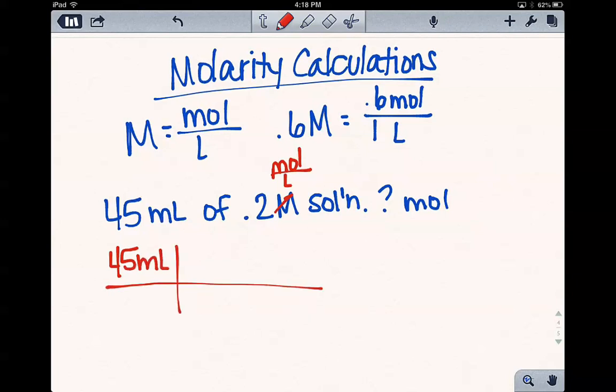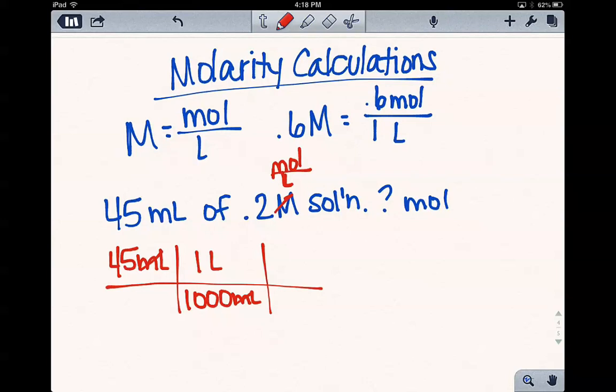And to convert this into moles, we do have to use the molarity, but you see that the molarity is moles per liter. So we need to get these milliliters into liters. So hopefully by now you know that 1,000 milliliters is equal to 1 liter. And so my milliliters cancel.